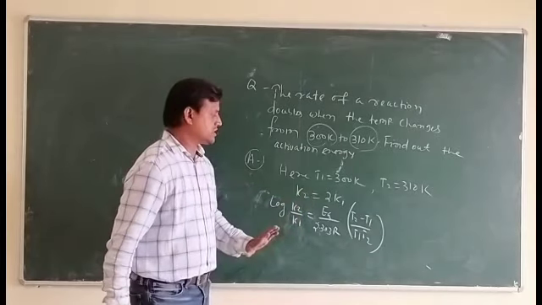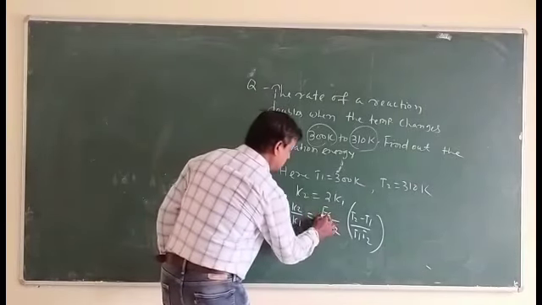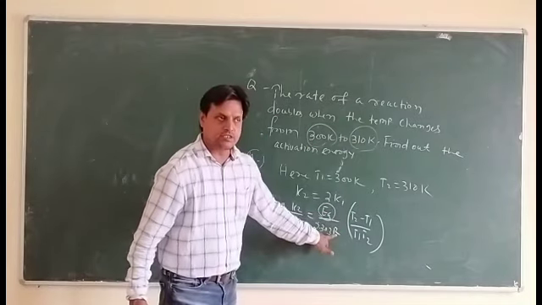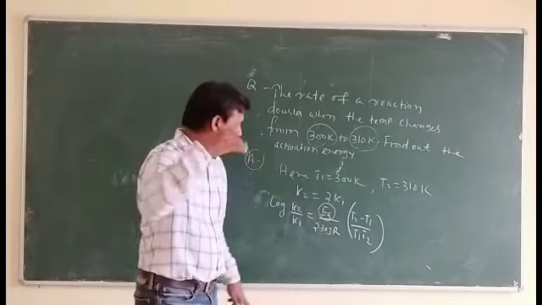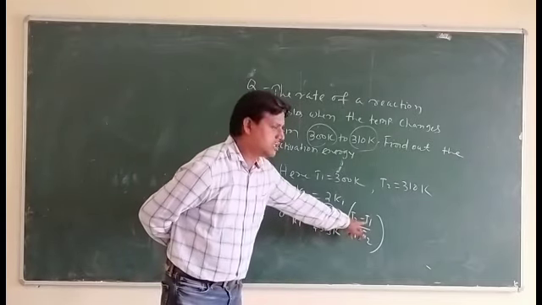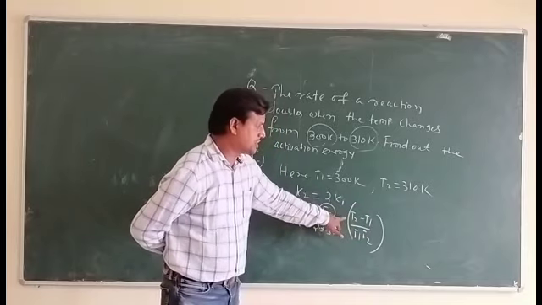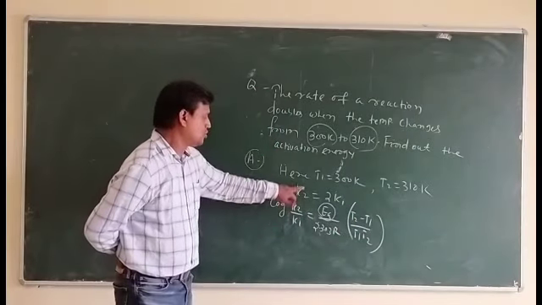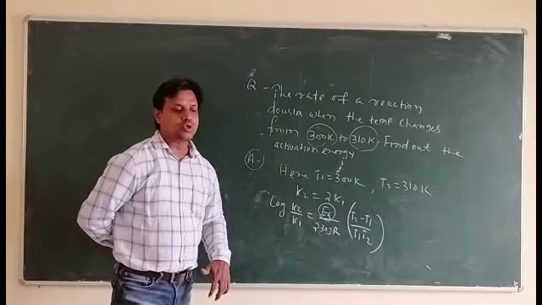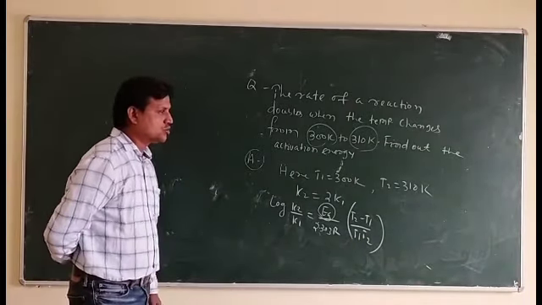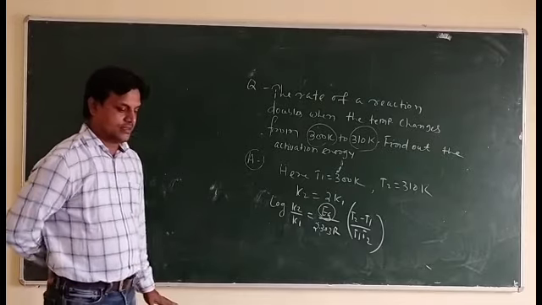By applying this equation, we can calculate the activation energy, because R is the universal gas constant, which has a fixed value. We can put in the values of T1 and T2, and in place of K2 we can put 2K1.